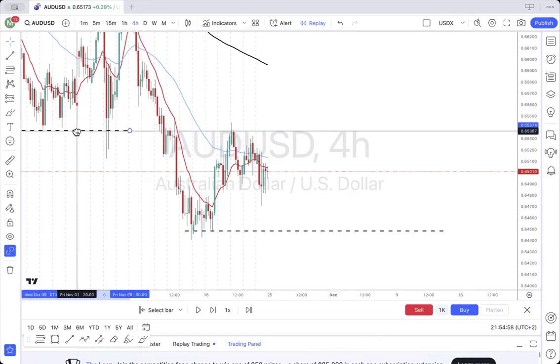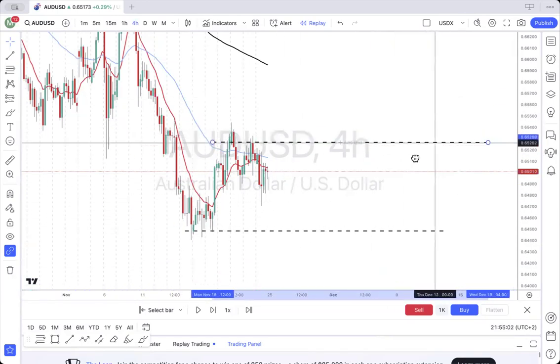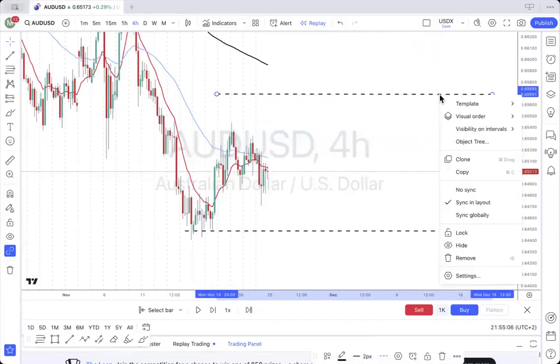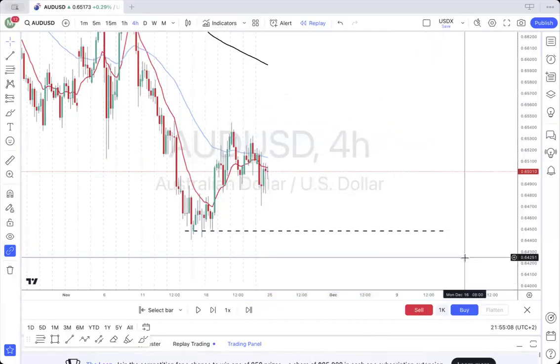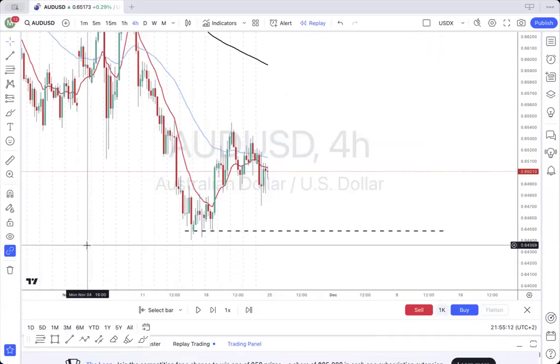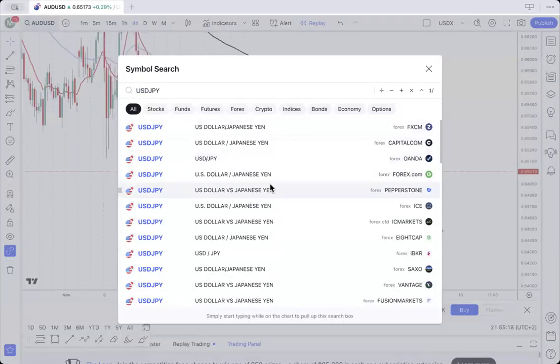You put it here, it does not. I can guarantee you, I've got trades that I traded this week. One of the annoying ones was USD JPY that I had since last week. All right, let's go to USD JPY. Just 1 second, and then we come back to this.